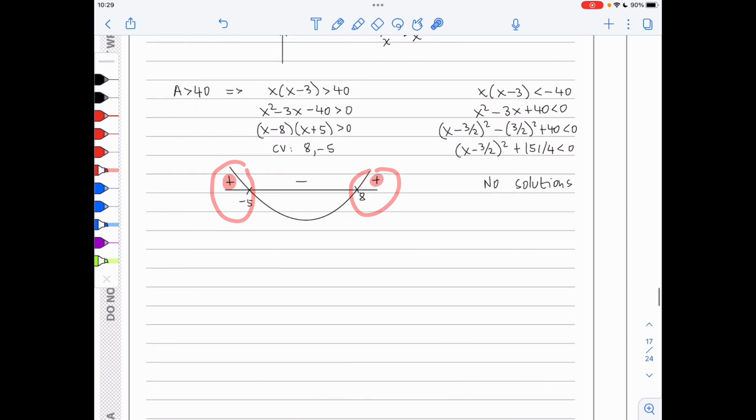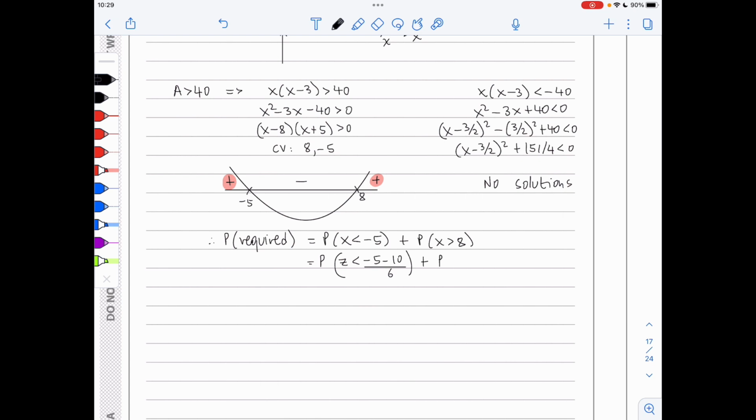So we will proceed then to say that the probability required is the probability that x is less than negative 5 plus the probability of x being greater than 8. I will standardize. It's the probability of z less than (negative 5 minus 10) over 6 plus the probability of z greater than (8 minus 10) over 6.